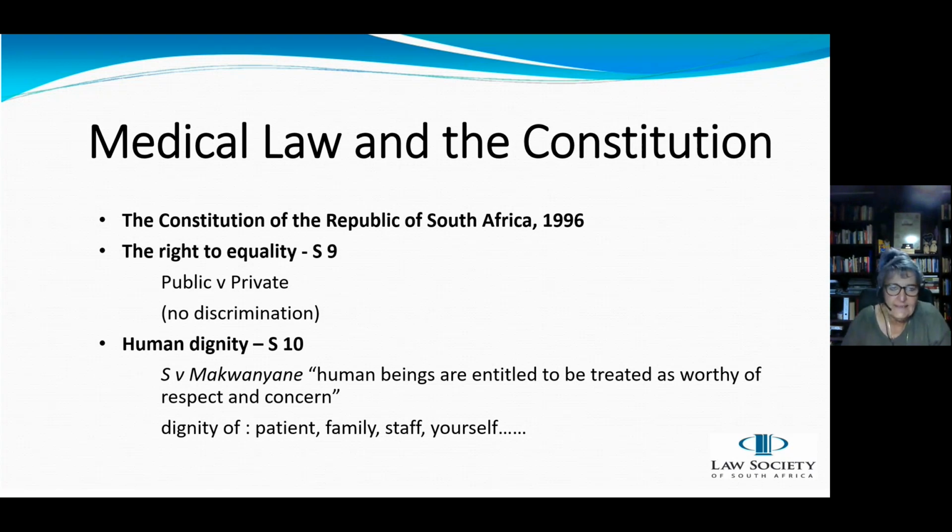Now, I want to come back to private and public. In the public sector, the doctors and the nurses are employees of the state. In other words, they cannot choose whom they want to help, whom they want to treat or not.